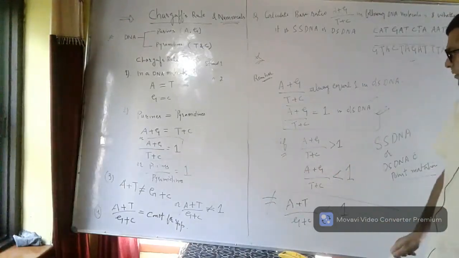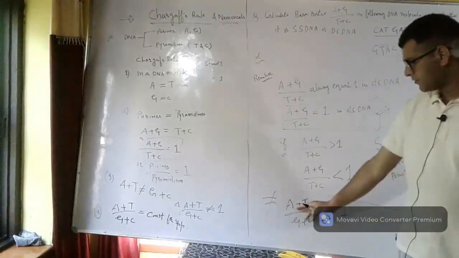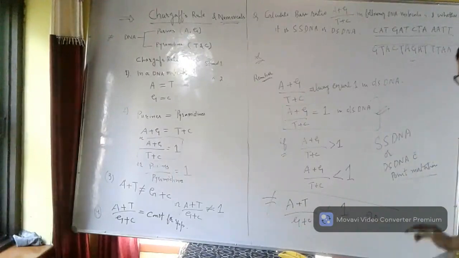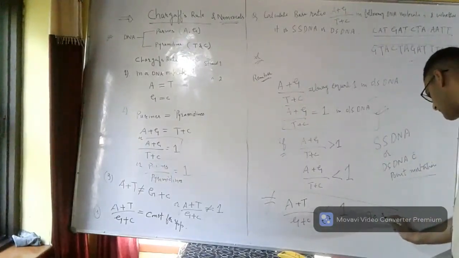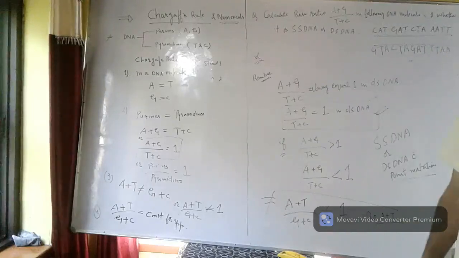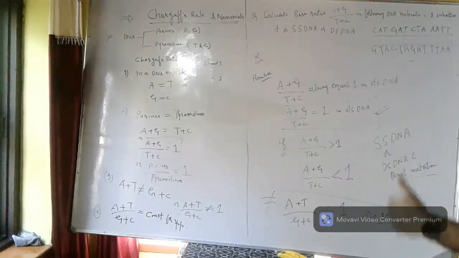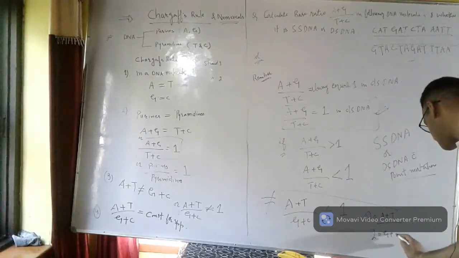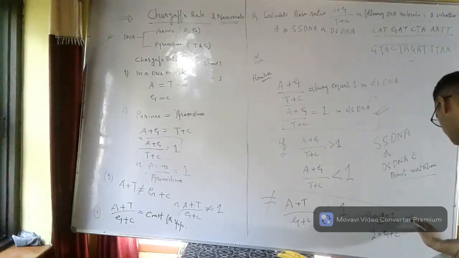This you have to also remember. If, for example, there are 20 base pairs of adenine thymine, then it is not necessary that there would be 20 guanine cytosine.